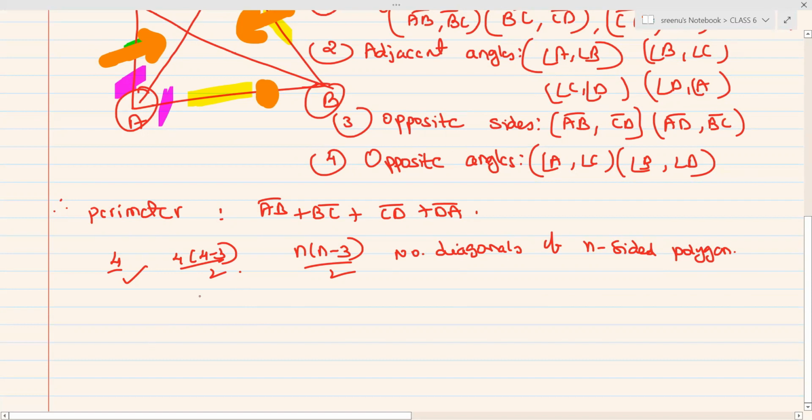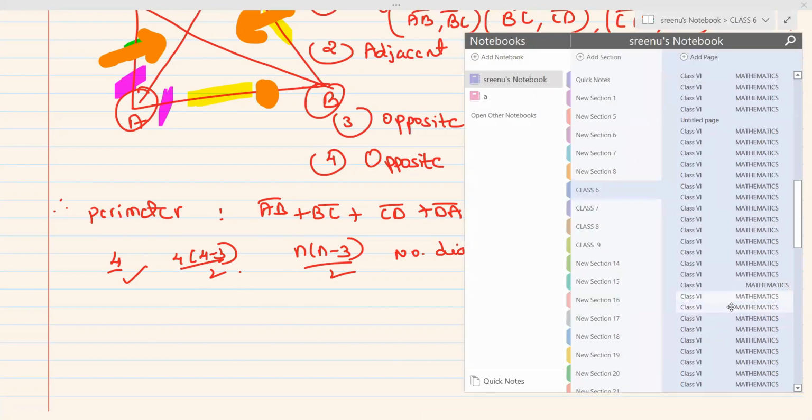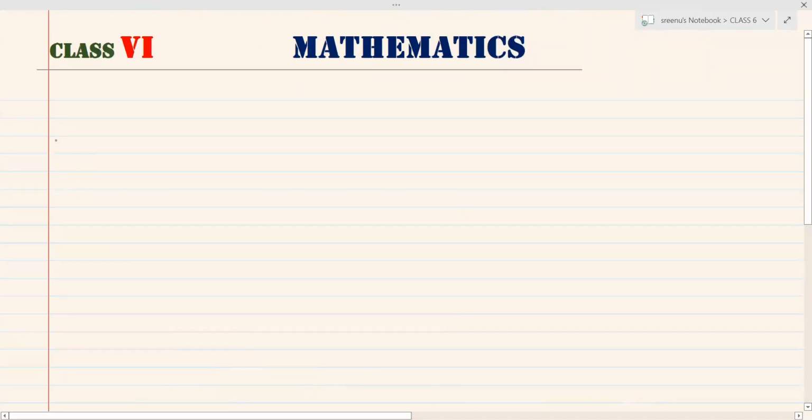Next, interior and exterior points of a quadrilateral. What is interior? What is exterior? Interior in the sense the point should lie in the interior of the quadrilateral.